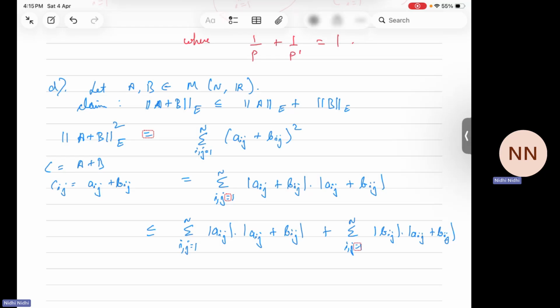Now we'll use Hölder's inequality, taking p and p prime to be equal to 2, because we know that 1 by 2 plus 1 by 2 is always 1.